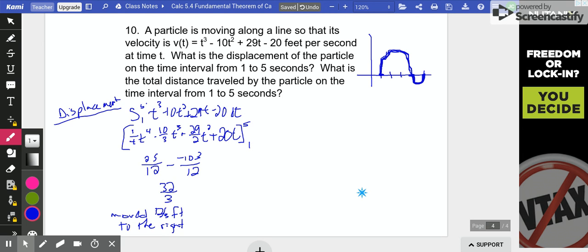So what we'll have to do from that is we'll need to consider the distance from 1 to 4 of our function. I'm just going to call it v of t right now because I don't want to write it all out.